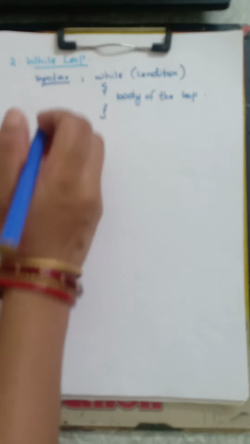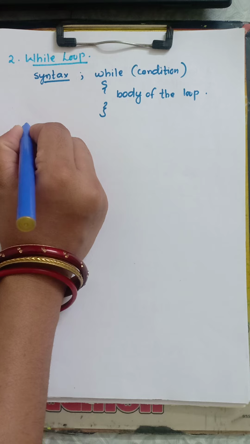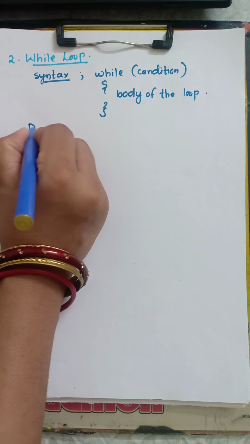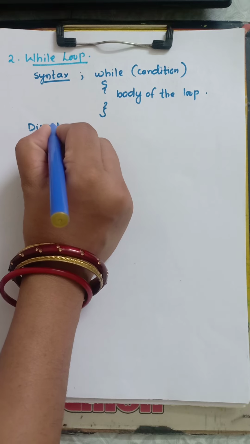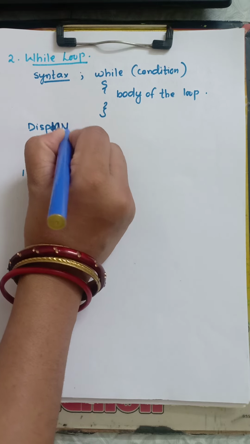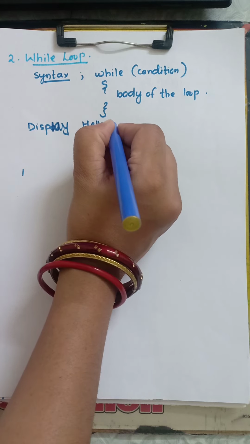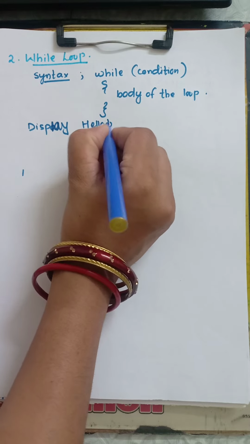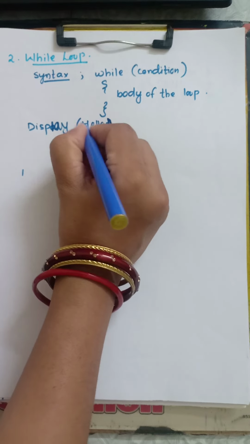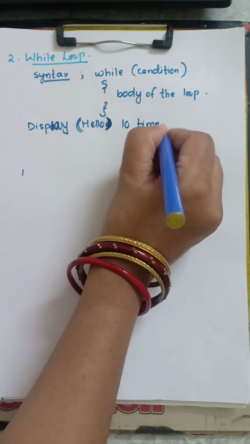Now we write a small program using the while loop that displays something 10 times. Now we are displaying hello 10 times.